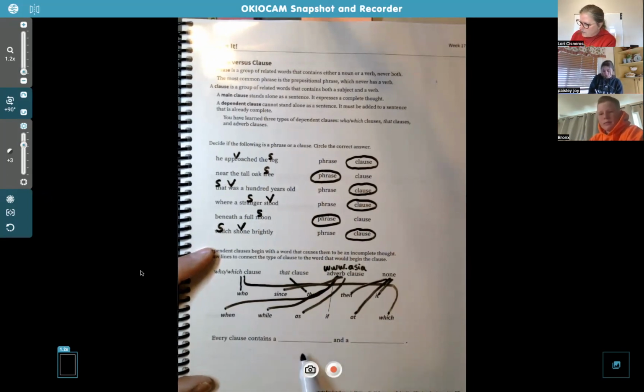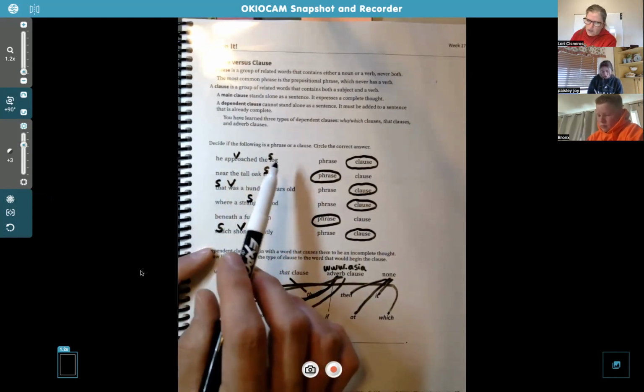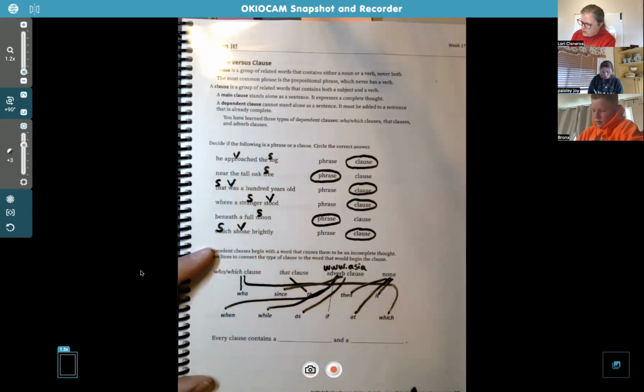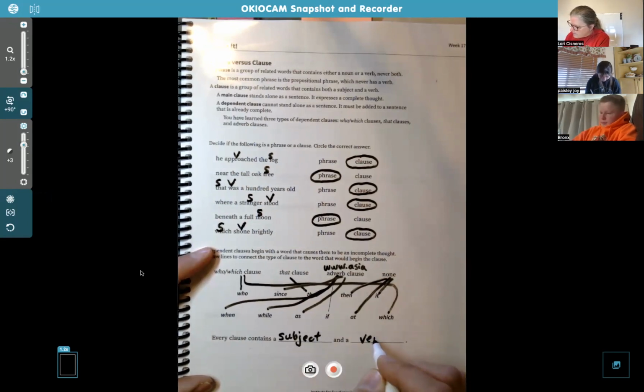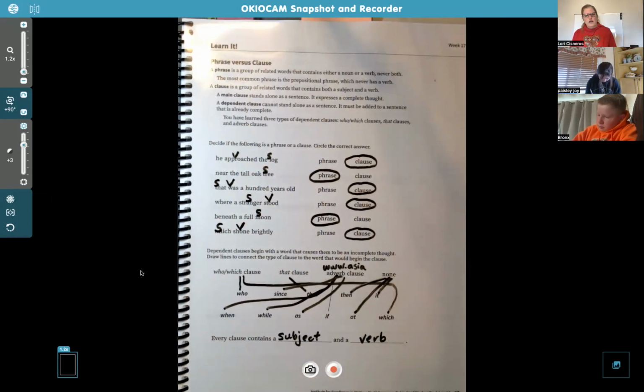We got to fill in the blanks here. It says every clause contains a blank and a blank. We looked for them up here. Do you remember what they were? Yeah, a subject and a verb. Yeah, you got it. Good job. So subject, go ahead and write that in, and a verb. Every clause contains a subject and a verb.